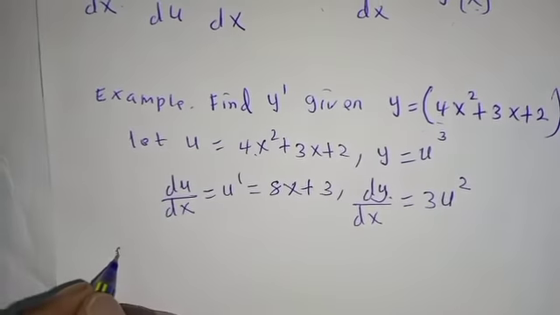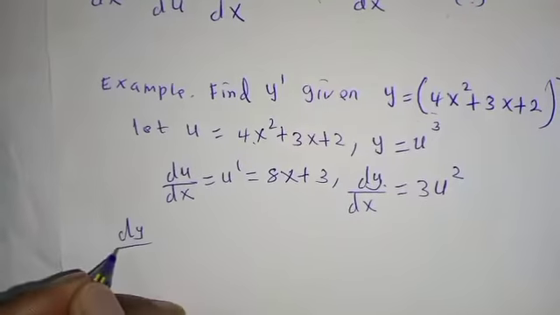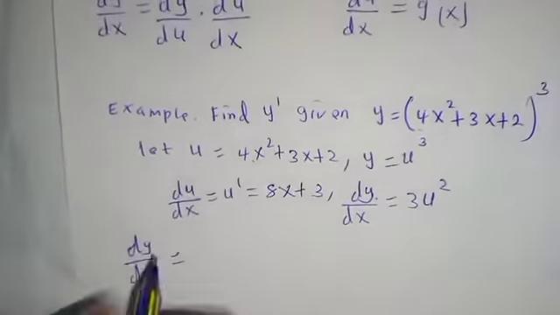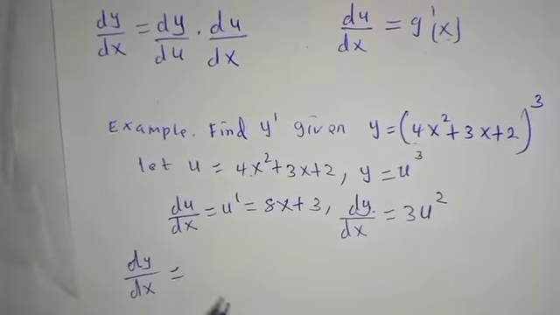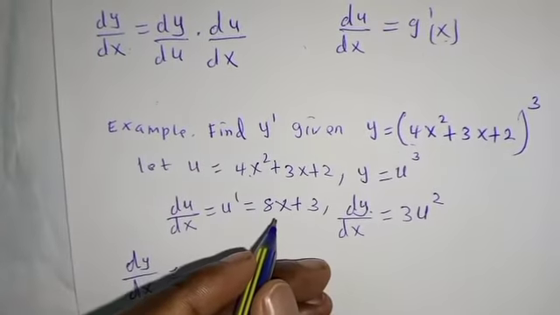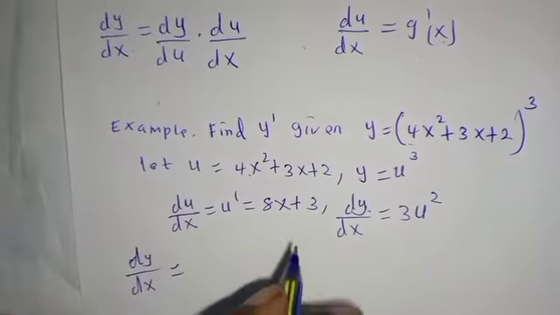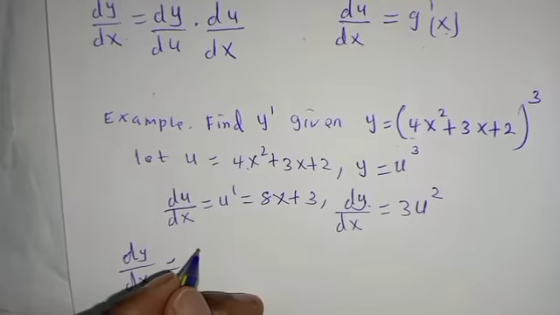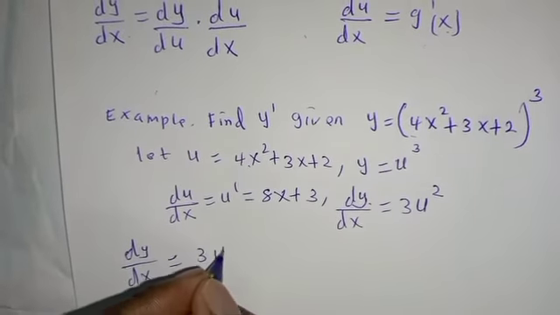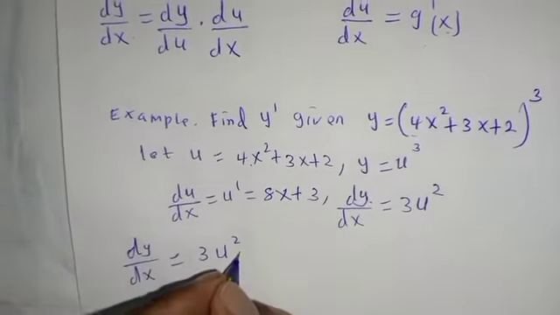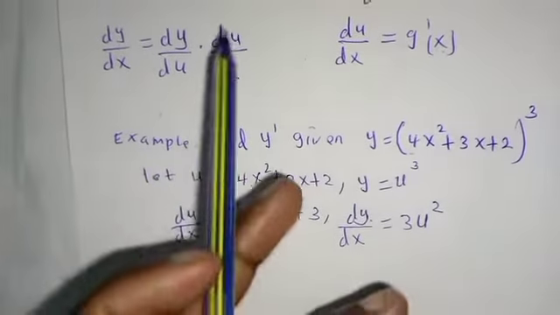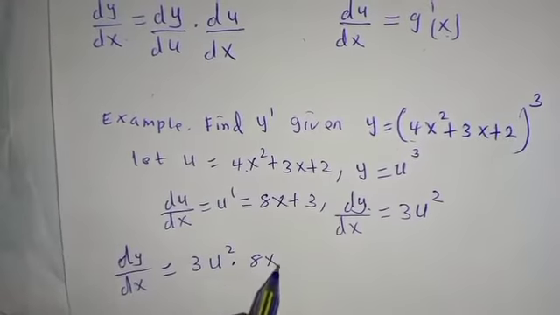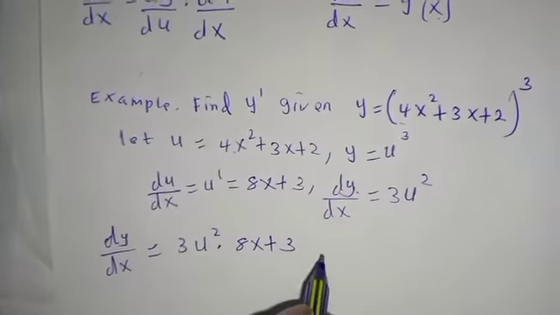Then from there, we substitute in this formula. We are going to have dy/dx equal to dy/du, which is 3u squared, multiplied by du/dx, which is 8x plus 3.